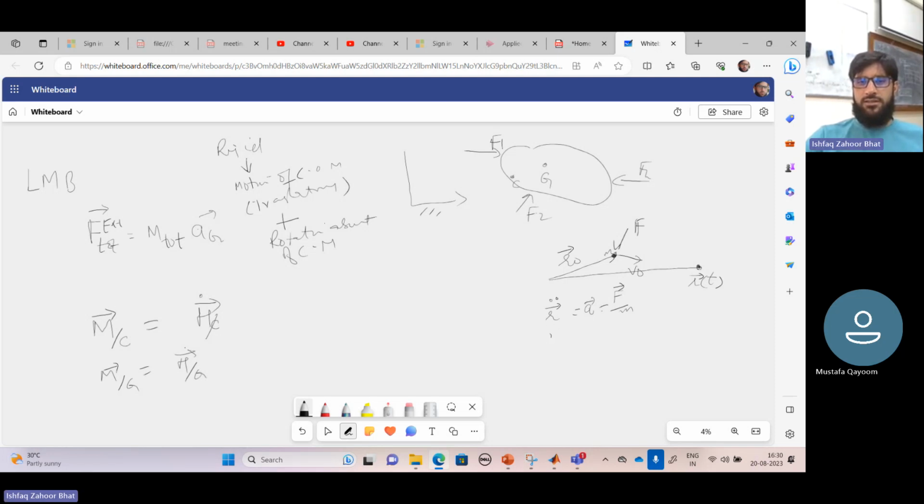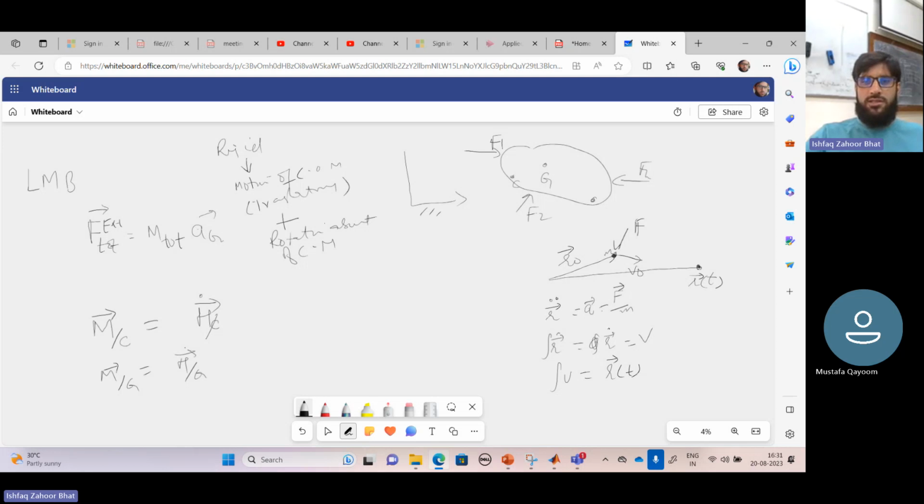Then we integrated this r double dot to get r dot, which is nothing but the velocity of this point. And then we integrated this velocity to get our position at any time t. Then we use that information to simulate things. This was the general agenda for the course. But now, in this part, this is for the center of mass, but we want to do it for other points also.